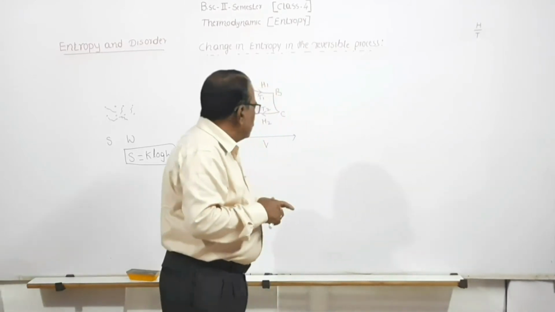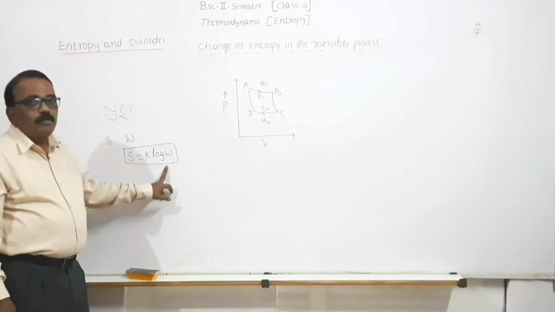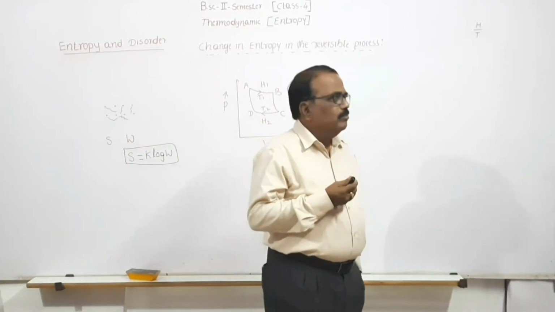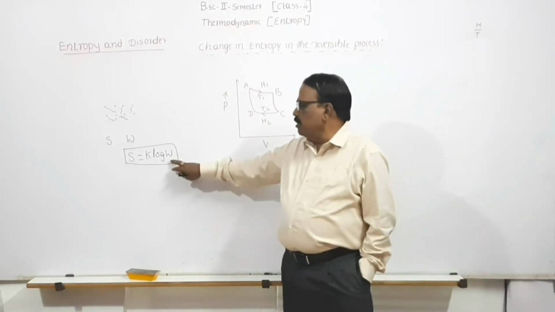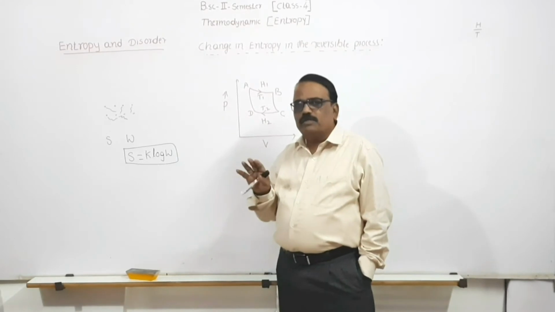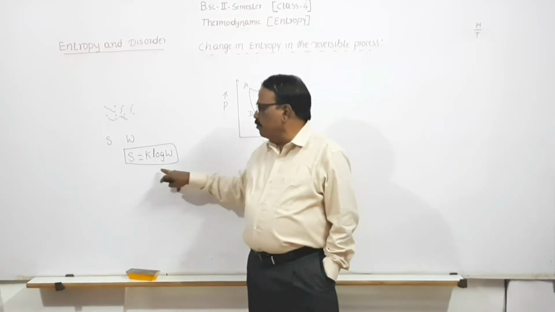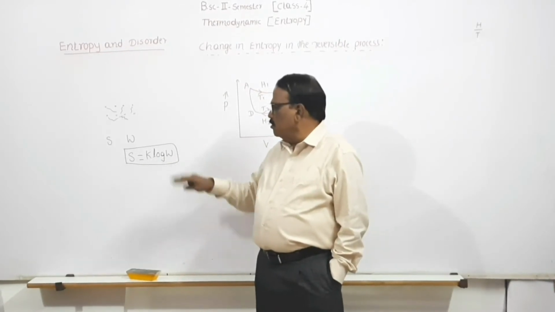In other words, this W is the thermodynamic probability of existence of a system in the given state. So this relation was given by Boltzmann. S is equal to K log W.